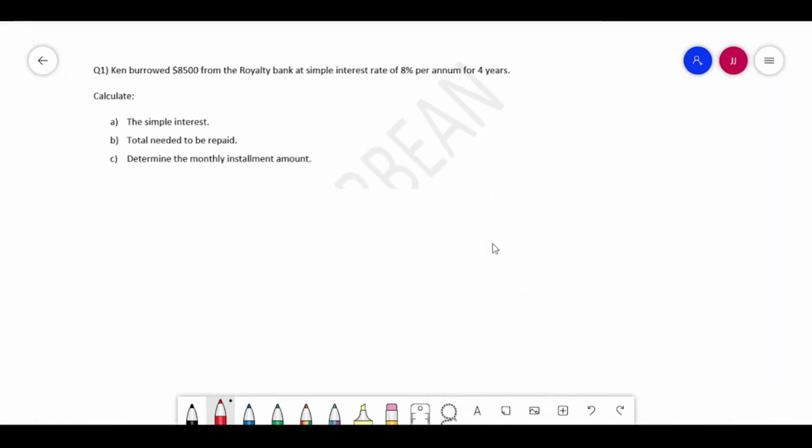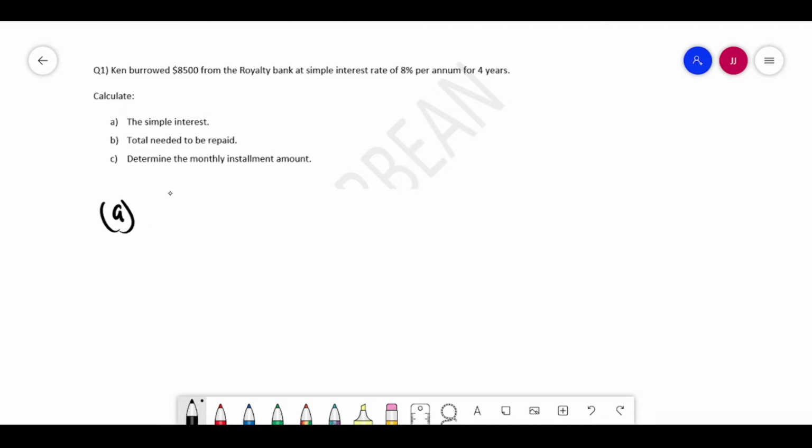Borrow $8,500 from the bank at a simple interest rate of 8% per annum for 4 years. We already know this is a simple interest question because they gave it to us here. Looking at the question itself, part A: determine the simple interest.